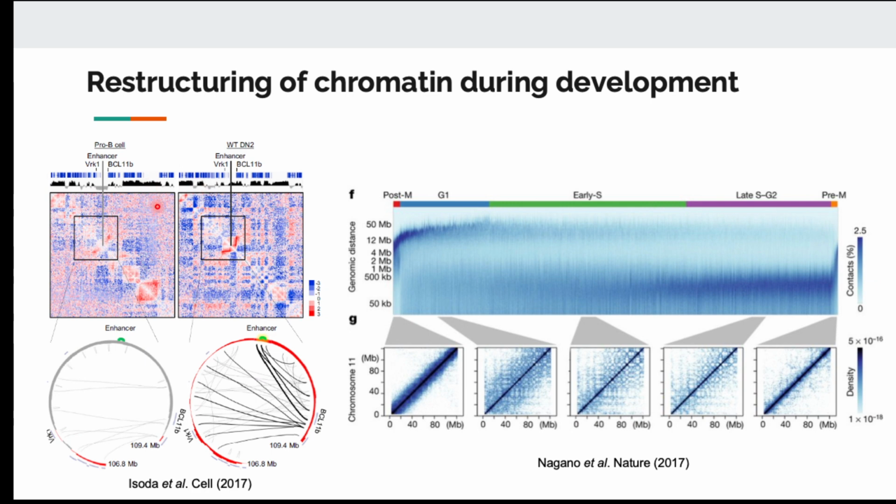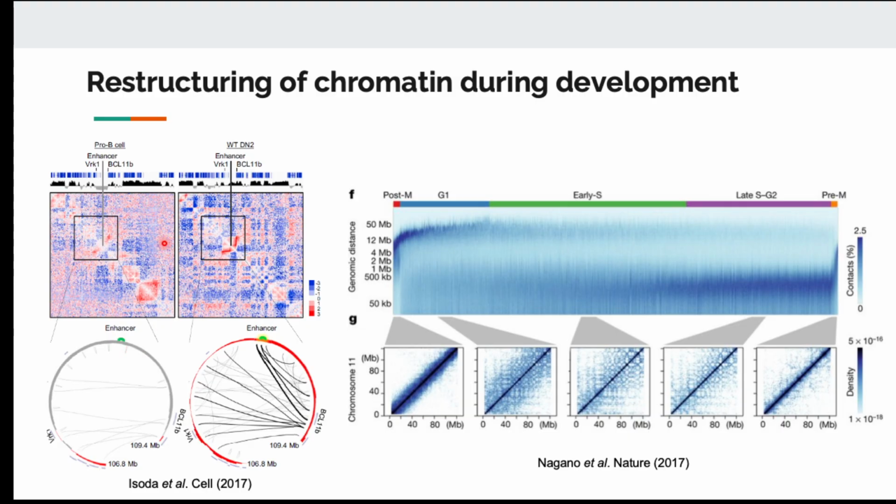And people found that during cell development, when cells change from one state to another, they need to activate some genes. An enhancer needs to fold onto the transcription start site in order to facilitate the activation of the gene. So there is some movement of the DNA in terms of the structure.